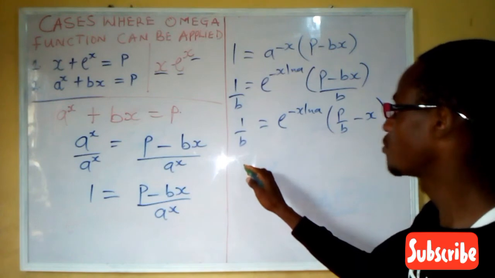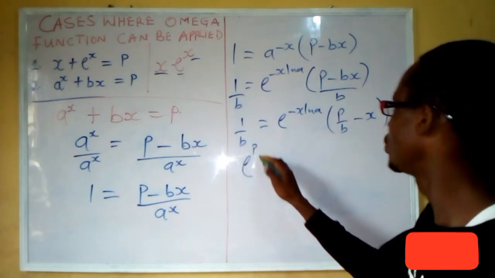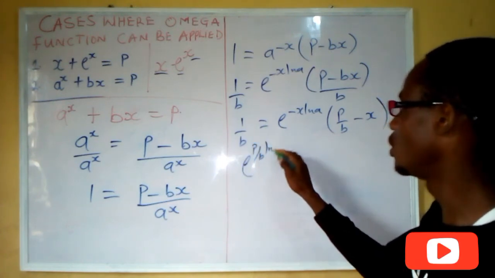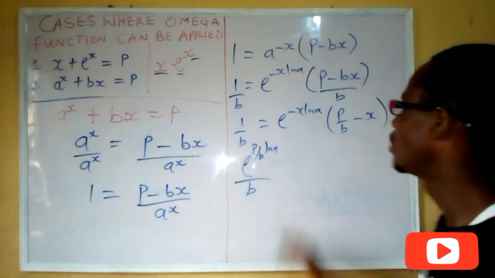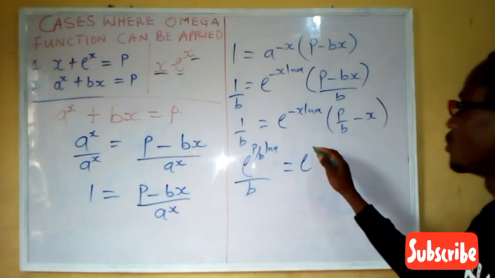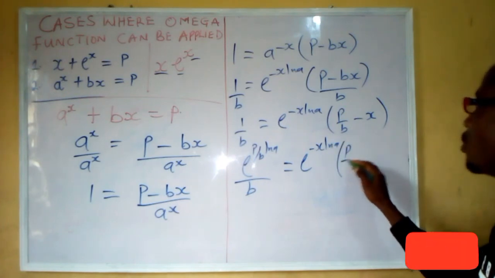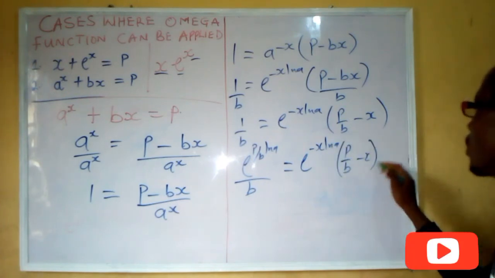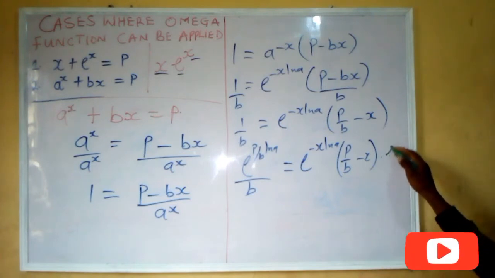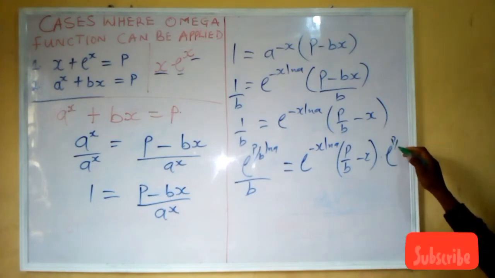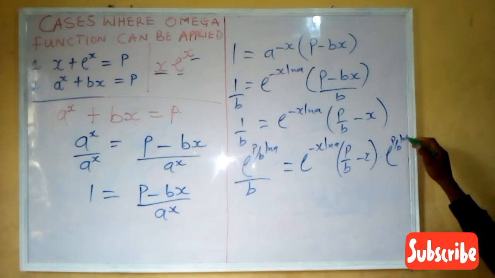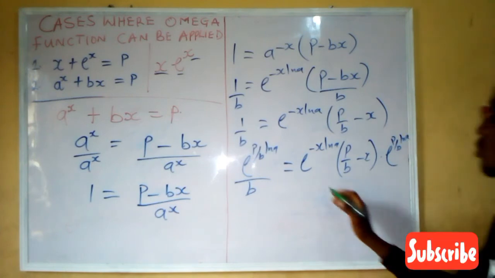So meaning I'm going to have exponential p all over b ln a all over b equals e raised to the power minus x ln a multiplied by p all over b minus x, all multiplied by exponential p all over b ln a. Permit me. So what next?